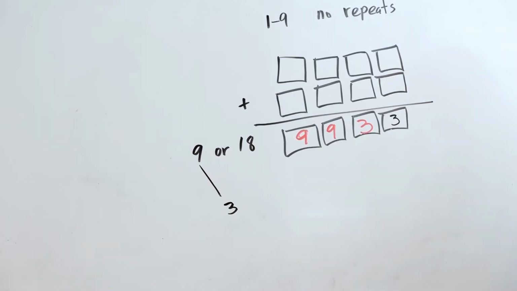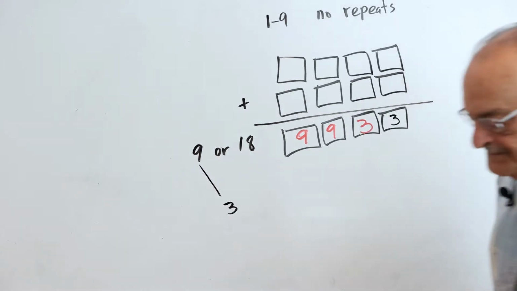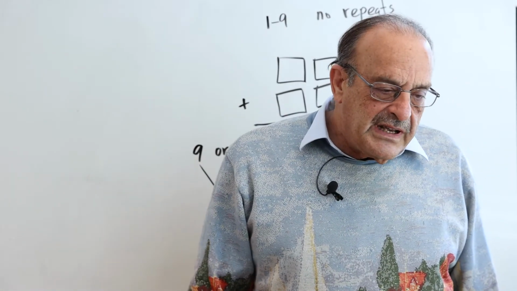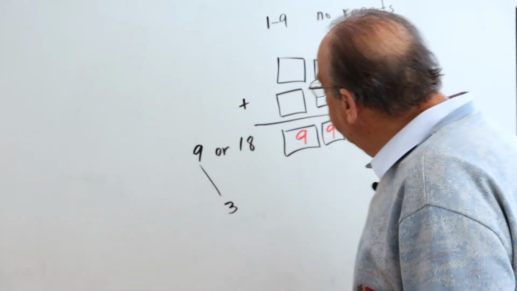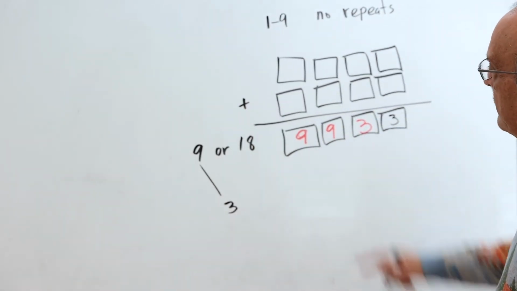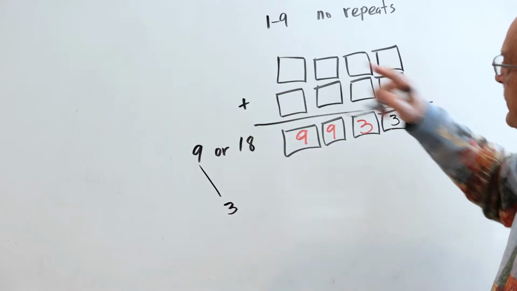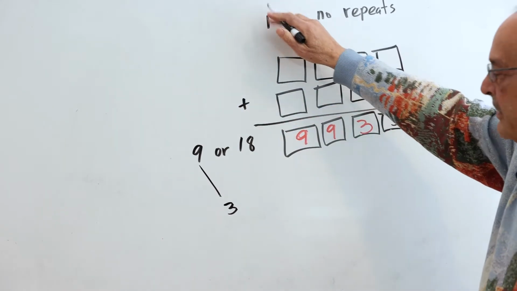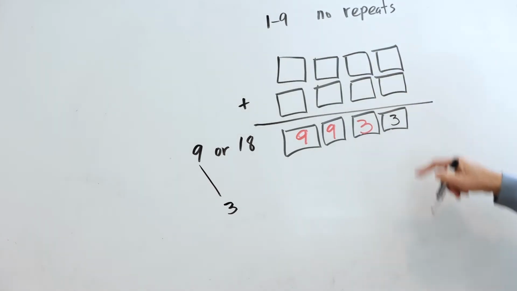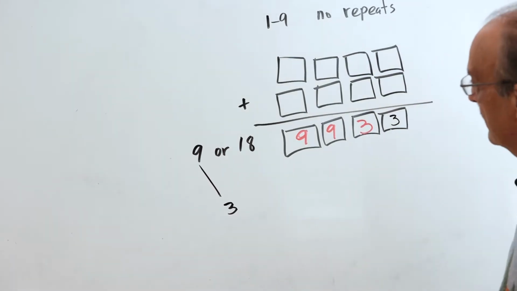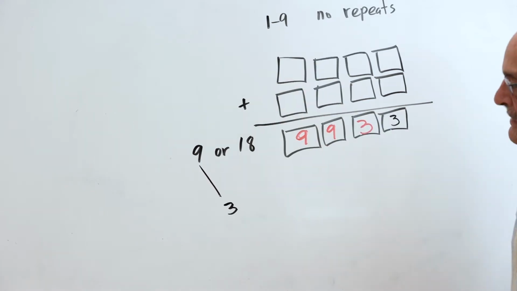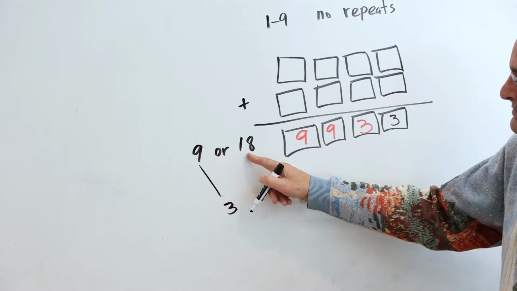So let's motivate that by doing this. I probably mentioned in the other video, I guess I will repeat this. We can think of all the numbers 1 through 9 as being above this bar to begin with, and we'll bring one down later. So the numbers 1 through 9 add up to 45, which on the mod 9 clock is equal to 9 or 18.